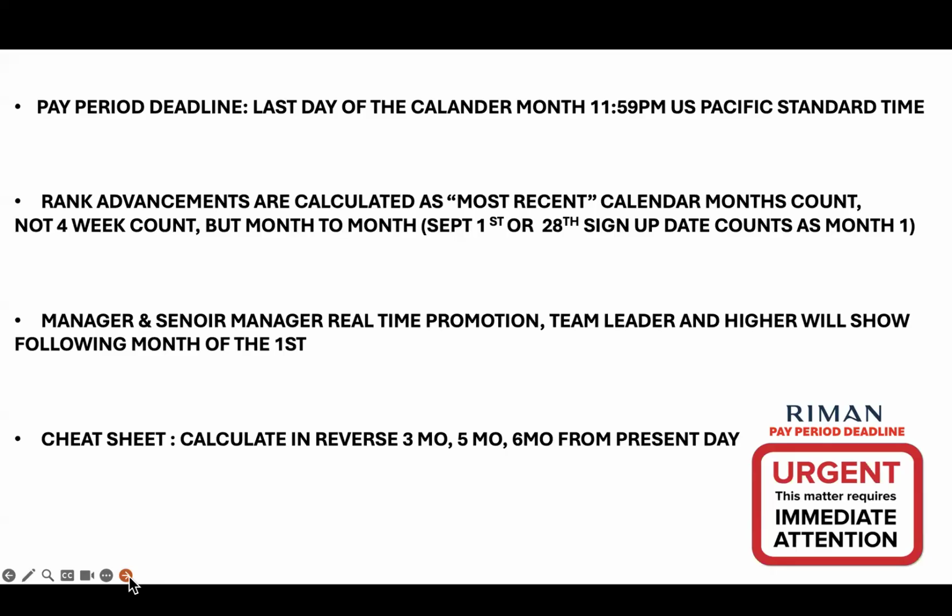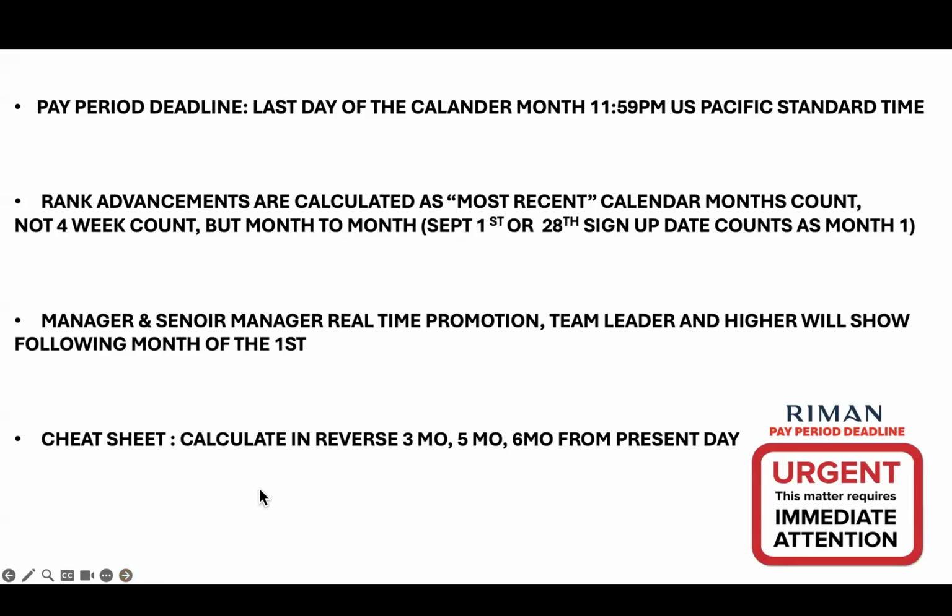Now for team leader and higher, once you meet the qualification, you will be promoted the following month of the first, right? That whole month you finish, you are still a senior manager, and the following month of the first is when you're a qualified team leader and you start getting paid as a team leader. So team leader and higher will always be following the month of the first.